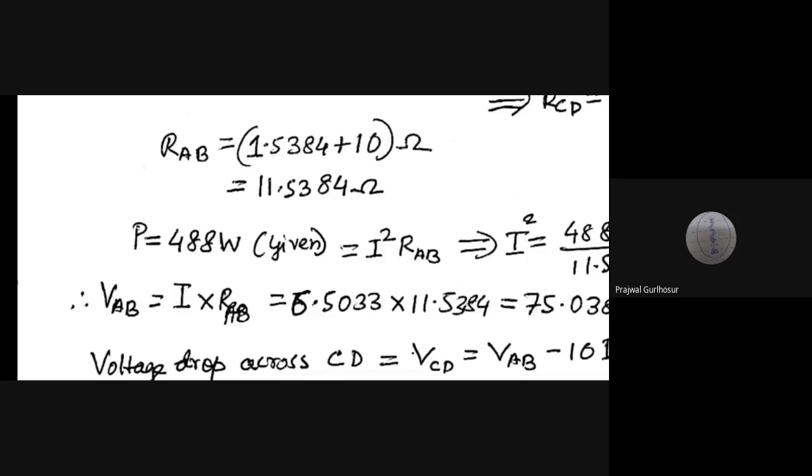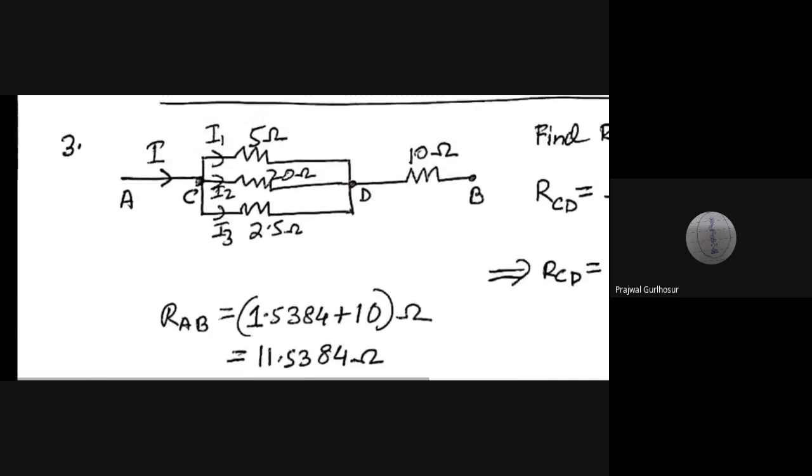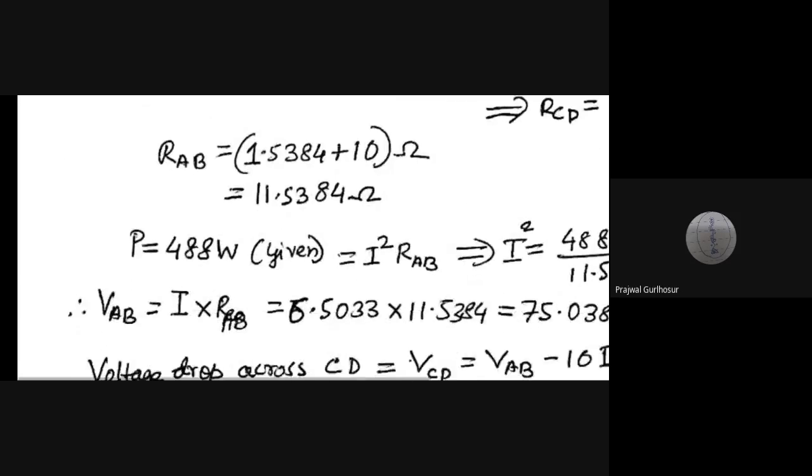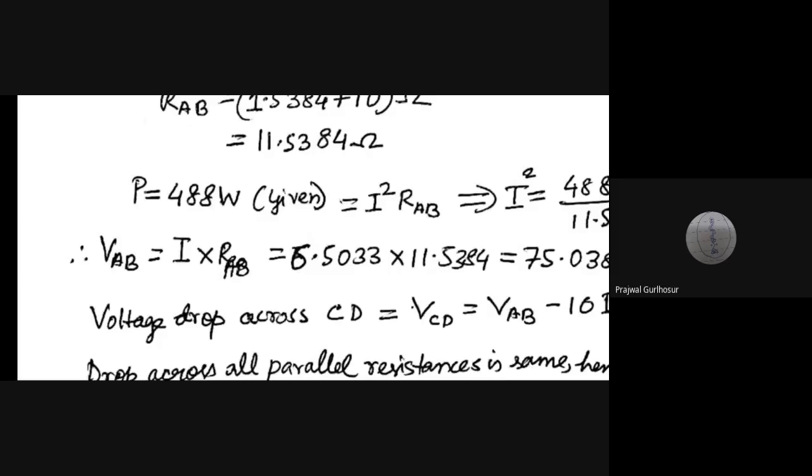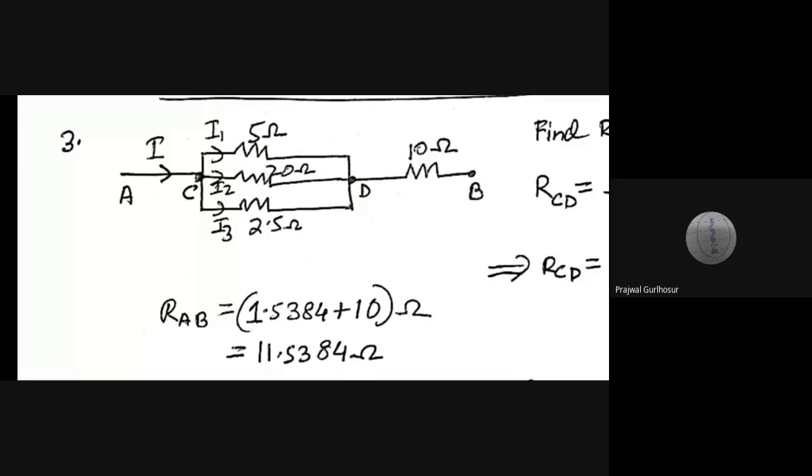We will find the voltage across A to B, that is I into RAB. If we get the voltage, then we will have the voltage drops across the three parallel resistances, and from the voltage drops we will get the value of current from the formula V equals IR.